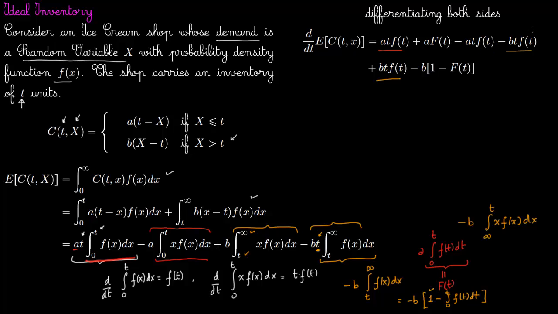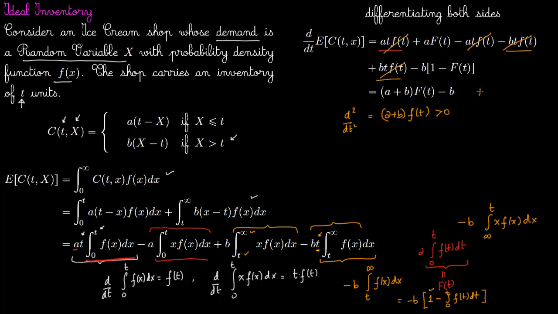So now you just do the cancellations and you collect the terms. So this and this will also cancel out. So you get a plus b capital F of t minus b. So notice that if you differentiate it again, you take the second derivative, the second derivative would be a plus b, and then you would get f of t, which is positive, and therefore we will have a minima here.